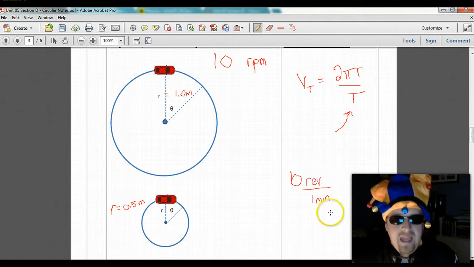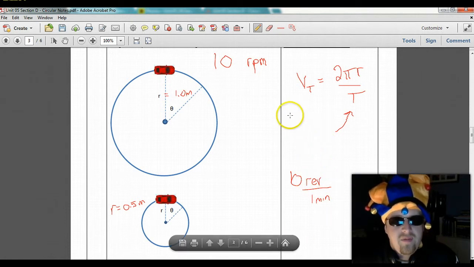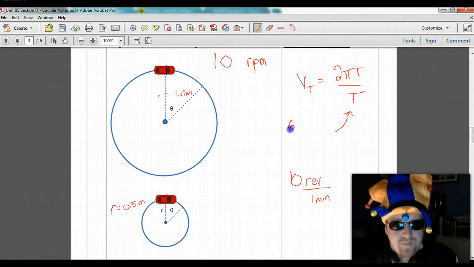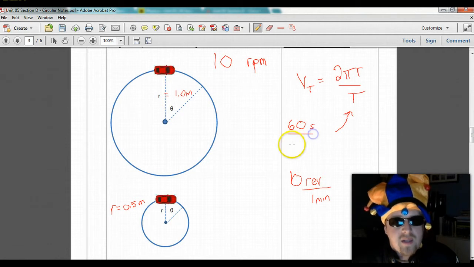So let's say we have 60 seconds, which is really 1 minute, and in that 60 seconds, the car is going to go around 10 times. Well, if you take 60 seconds and divide it by 10 rotations, you come out to 6 seconds per rotation.